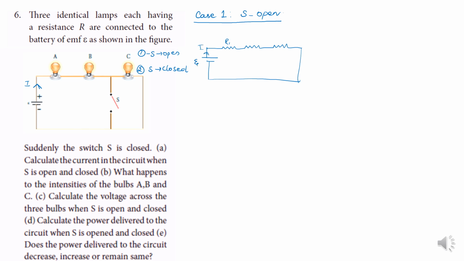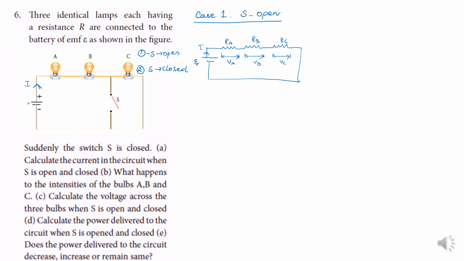This is RA, RB and RC. We know that all the resistances are the same and equal to R. In resistors in series, the current through all the resistors is the same, but the voltage gets divided, right? So this is VA, this is VB and this is VC.